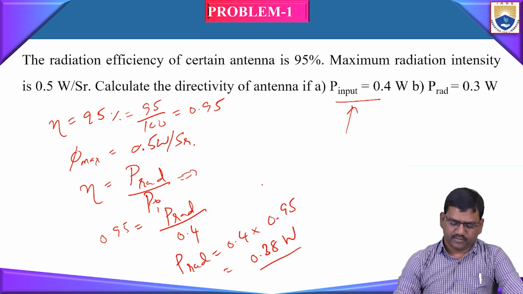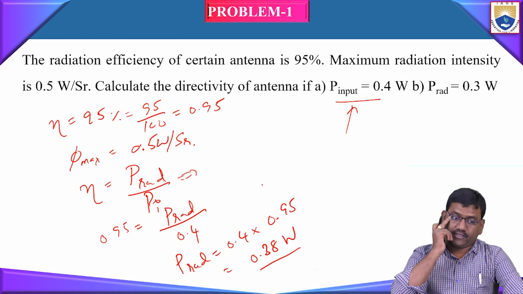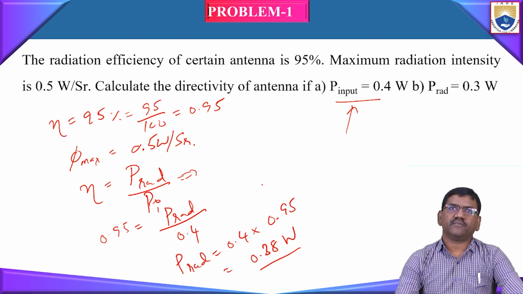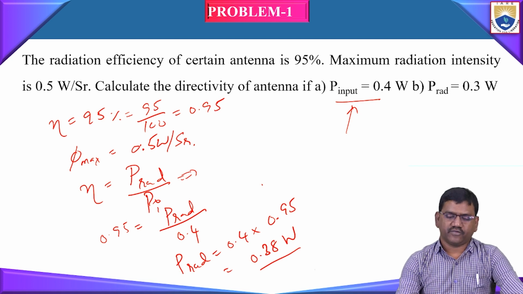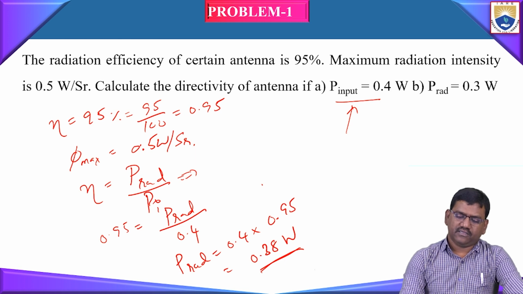So from the basic formula, efficiency is radiated power by input power, P rad by 0.4, so P rad is equal to 0.4 into 0.95, equal to 0.38 watts.